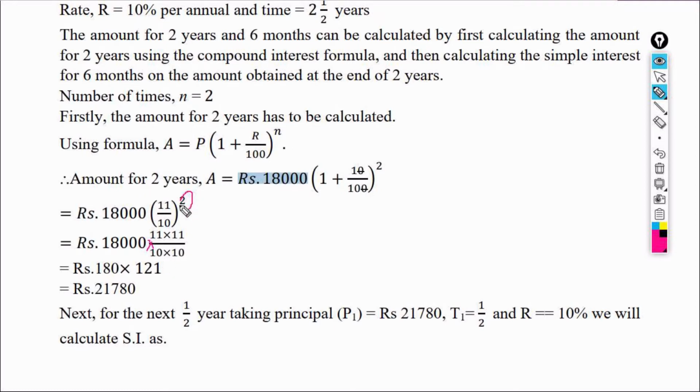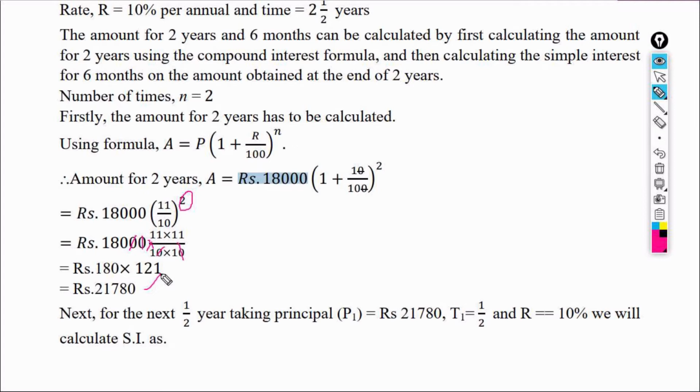Just cancel the zeros, 2 zeros from the numerator and denominator, it becomes rupees 180 into 121. Multiply the numbers, it will be rupees 21,780.